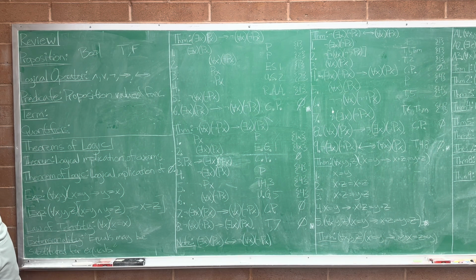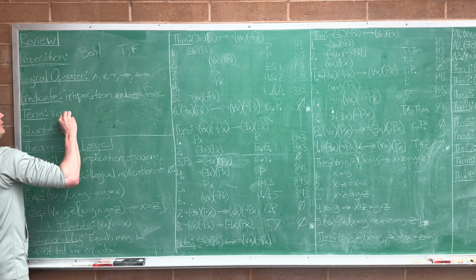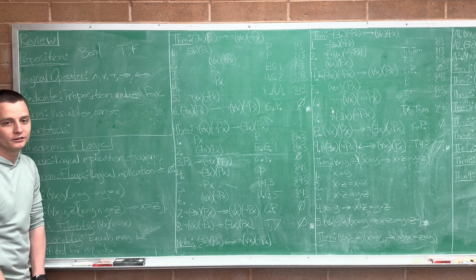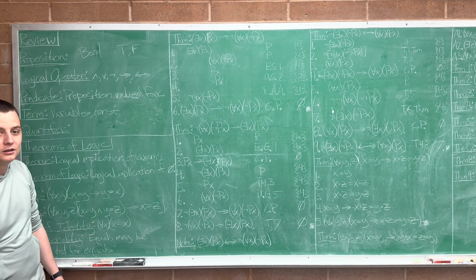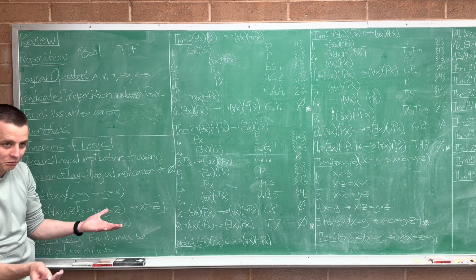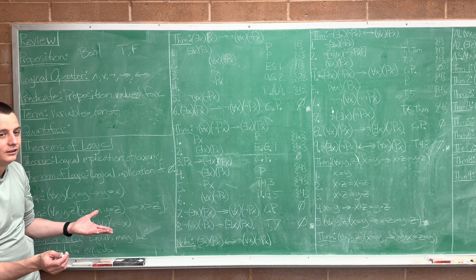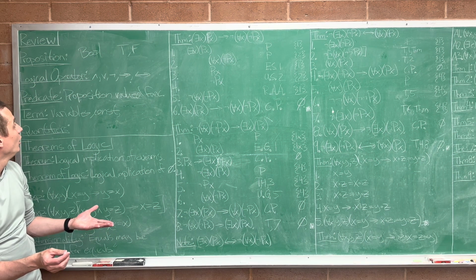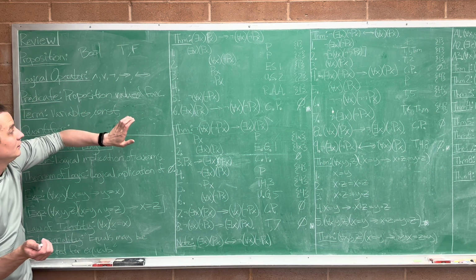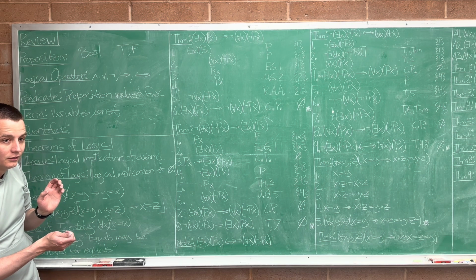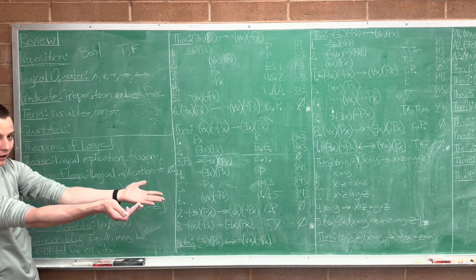Proposition valued. Okay, now a term. What's a term? Variables or constants. And then there's one more thing we can do with terms. We can combine terms together to create new terms. Predicates take in terms and they spit out true or false. Is there anything we can think of that takes in terms and spits out terms?